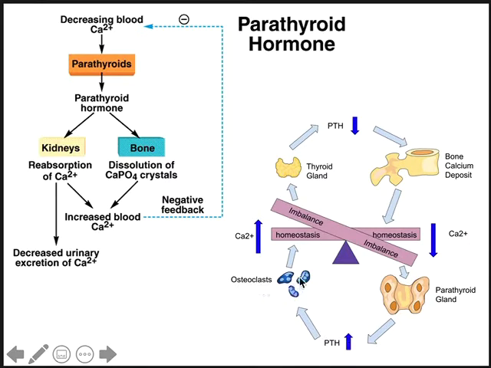That's going to tell osteoclasts to take calcium from the bone. It's going to activate the osteoclasts, and then that's going to increase the amount of calcium in the blood. But once you get enough or too much calcium in the blood, then that's another imbalance, which is going to tell the thyroid gland that you have too much. And so then it will decrease the parathyroid hormone.